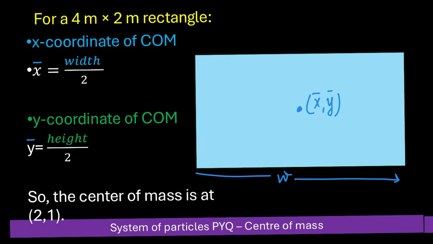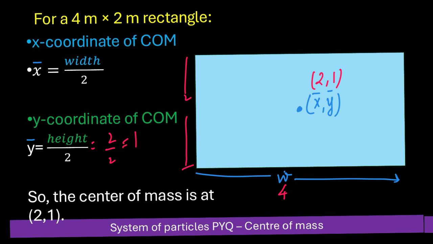So x bar will be equal to width by 2 and y bar will be equal to height by 2. Okay. So if width is equal to 4 and height is equal to 2, then the coordinate for center of mass would be width by 2, which is 4 by 2, 2, and height by 2, which is 2 by 2, equal to 1. So 2 comma 1.